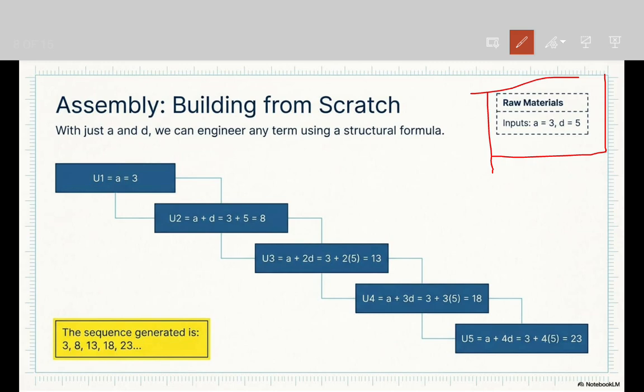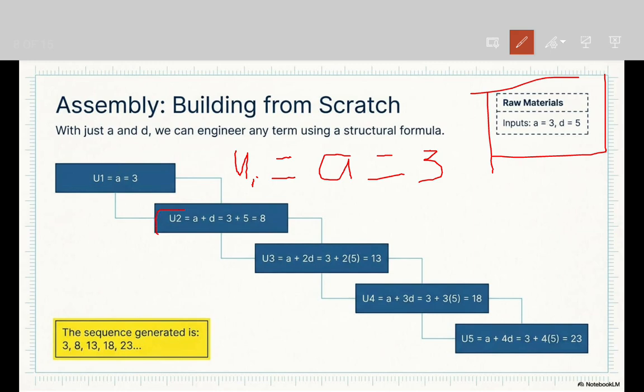Because we know that the first term is A, which is equal to 3.